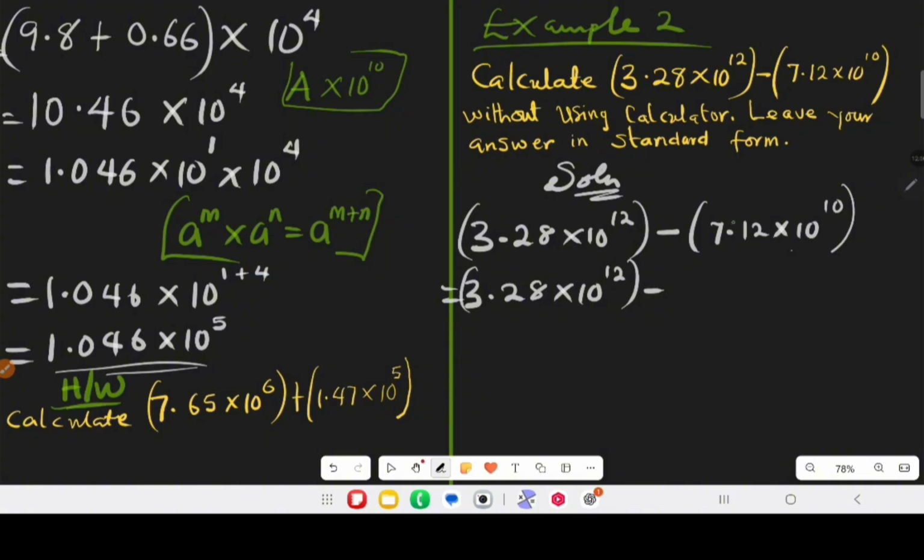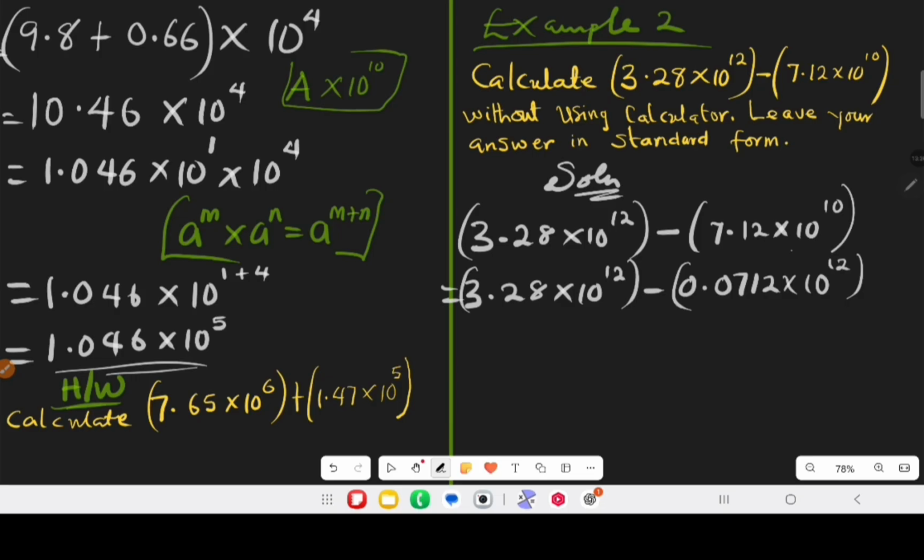Meaning we move the decimal point 1 and 2. So we can get the power 12, which is equal to 0.0712 times 10 raised to the power of 12. I skip a step. By now you know what I'm doing.